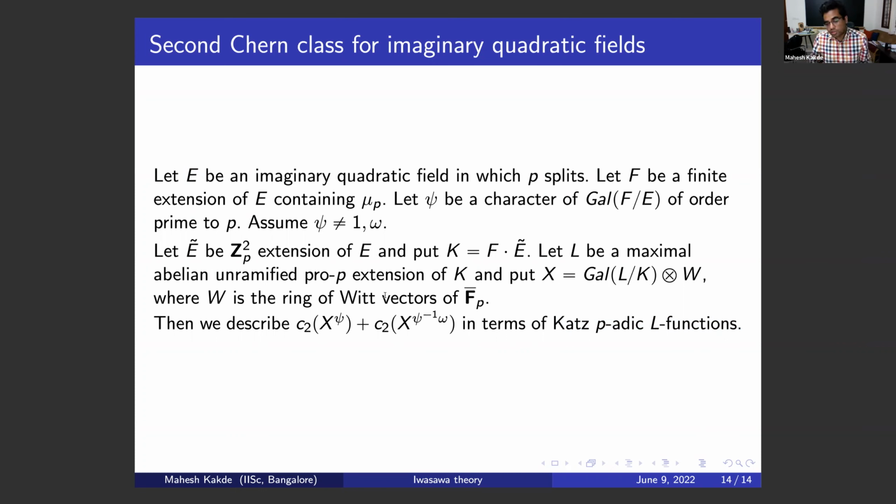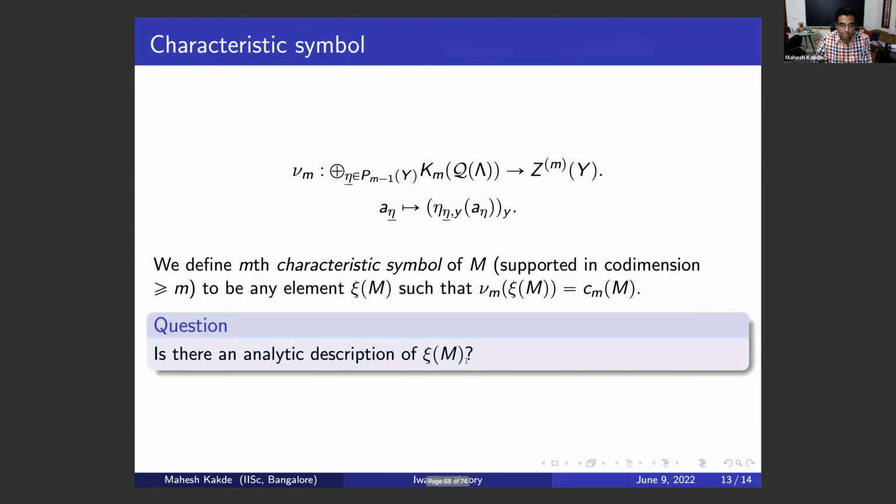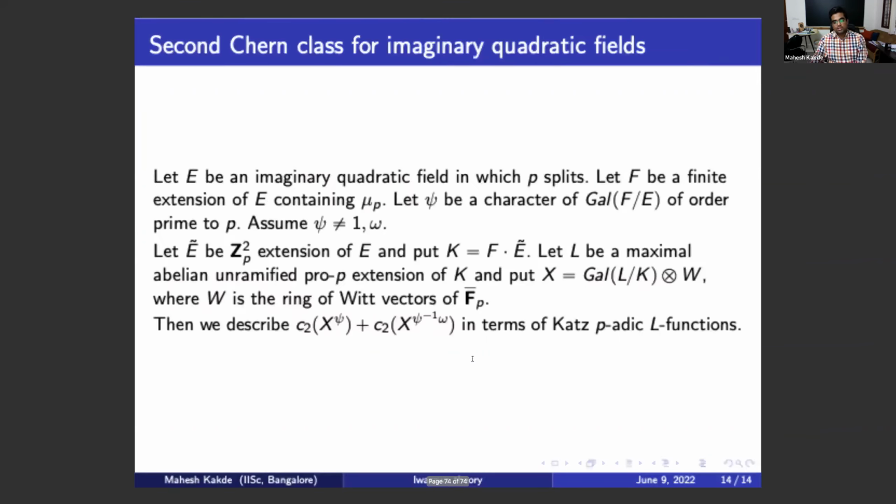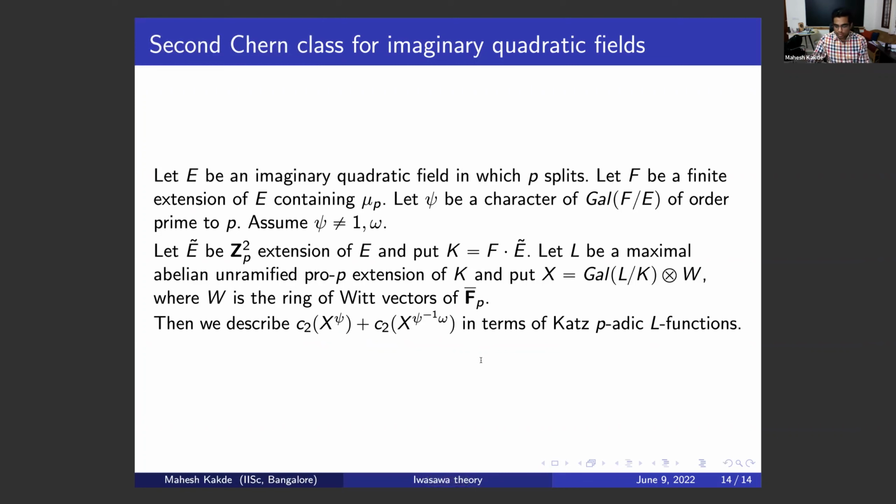You can take the Steinberg symbol of these two p-adic functions in the second K-group of Q_λ, and that element in the K-group describes this second Chern symbol. So maybe this question is not completely hopeless. Maybe there is in general an analytic description of these higher Chern symbols, and this is just one instance of it that we found. Okay, so I'll stop here.